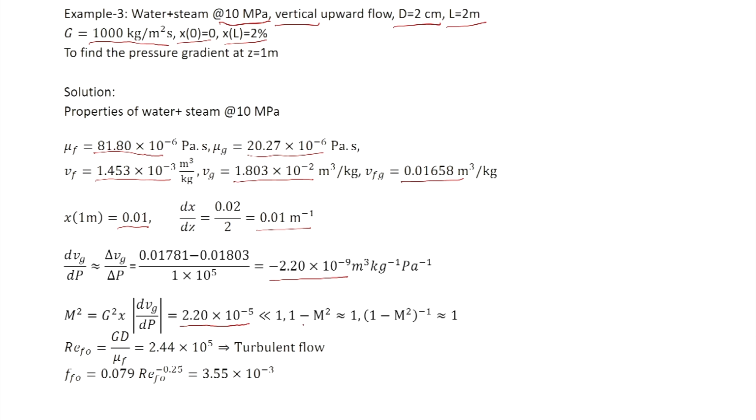So, we can safely neglect it and we can take 1 minus m square equal to 1 and 1 minus m square raised to minus 1 also equal to 1. Now, Re FO is calculated as 2.44 into 10 raised to 5. So, it is turbulent flow, and using the Blasius relation we get f FO equal to 3.55 into 10 raised to minus 3.